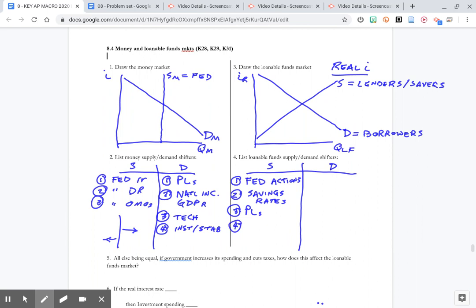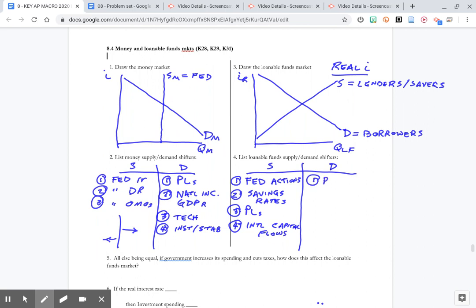And then the last one is international capital flows, which is a fancy way of saying that sometimes people from other countries want to put their money into your country, and that depends on the different real interest rates. Now, the demand for loanable funds is affected by three things.